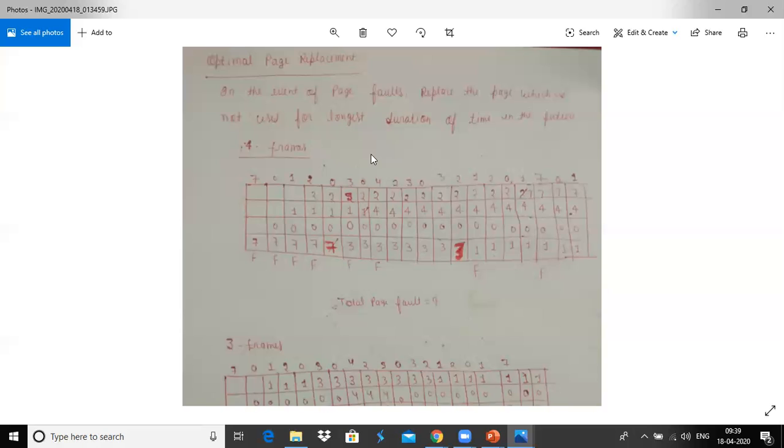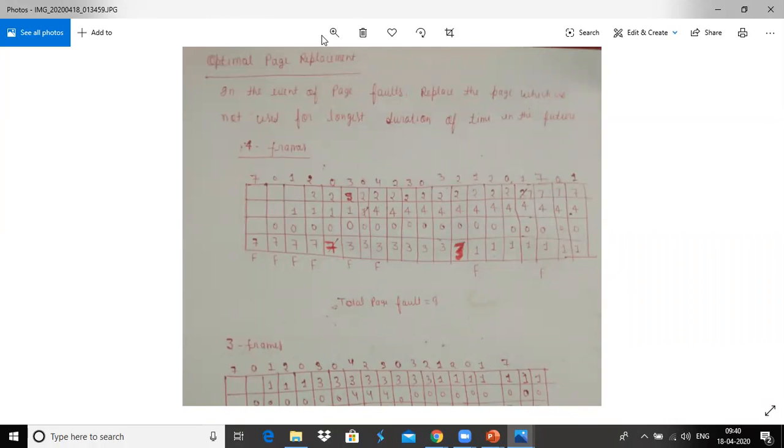So from page number 3, see all the pages which are already in the frame: page number 7, page number 0, page number 1 and page number 2. Focus on these pages, and from page number 3 you see all the pages in the forward direction.